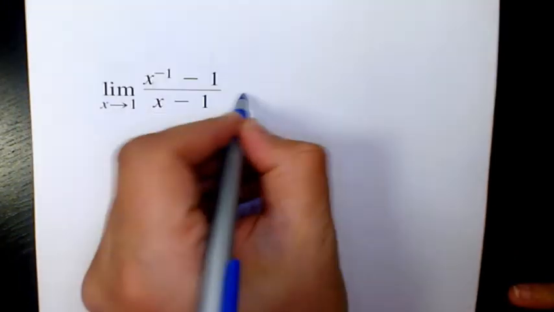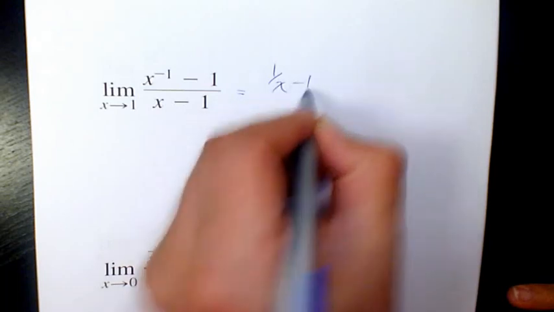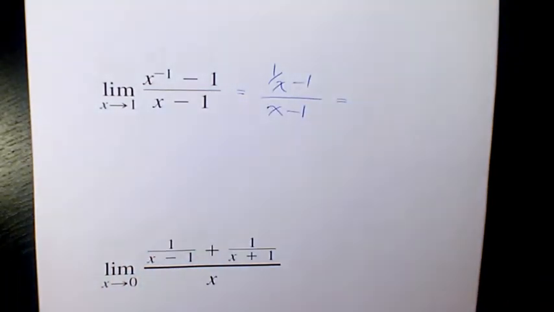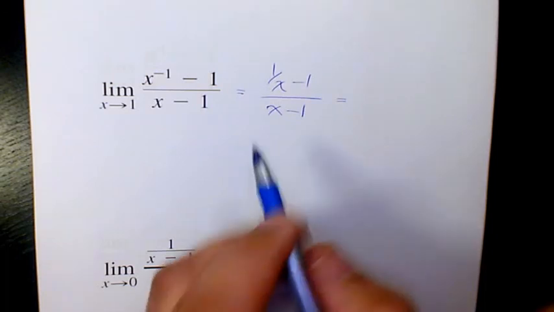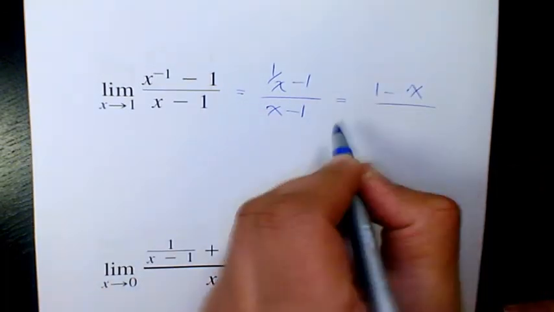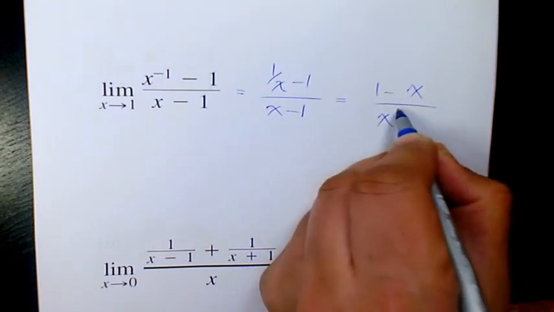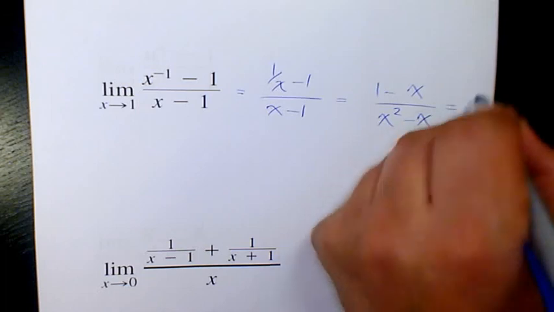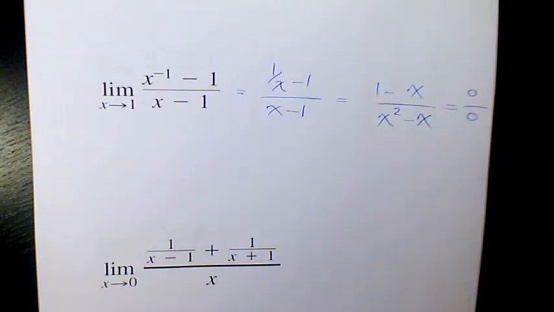In this example, we have 1 over x minus 1 divided by x minus 1. What we can do is multiply the numerator and denominator by x. So it's going to be 1 minus x, and here we have x squared minus x. That's still going to give me 0 divided by 0.